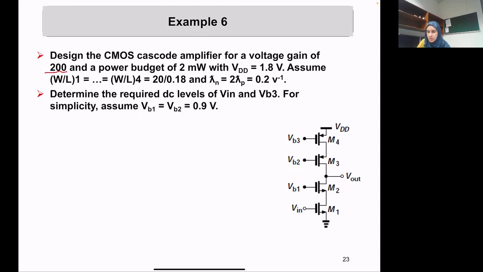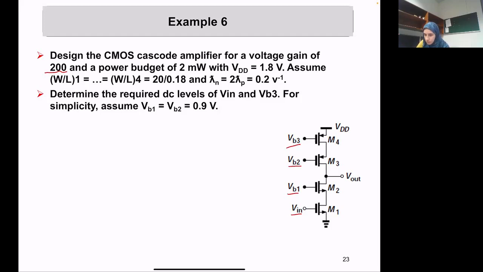So this is the size of all the transistors. We have lambda n equals 2 lambda p, which is equal to 2 volt inverse. So we need to find all the DC levels for VN, VB1, VB2, and VB3. So we need all these voltages.